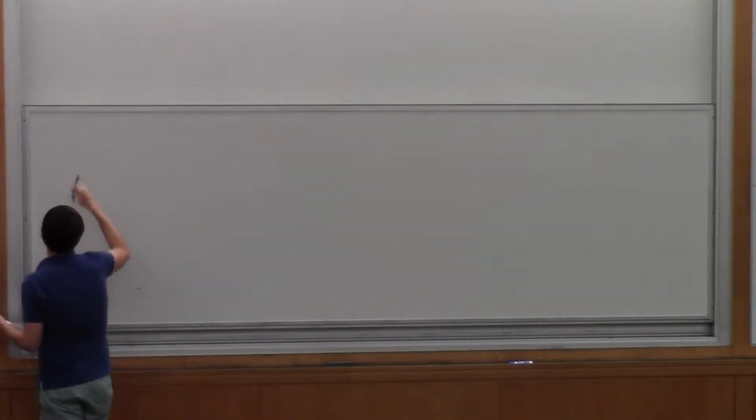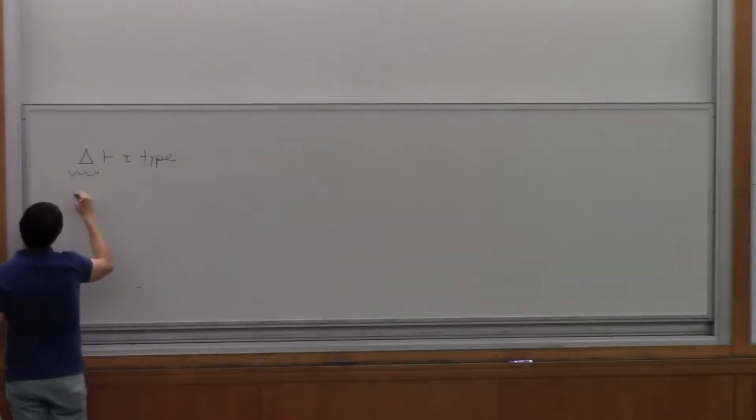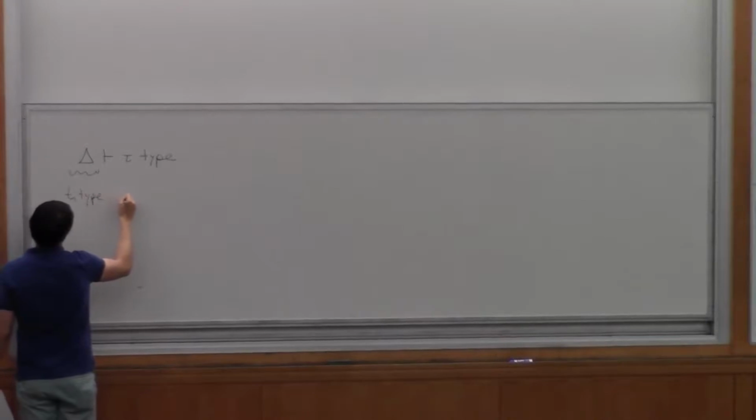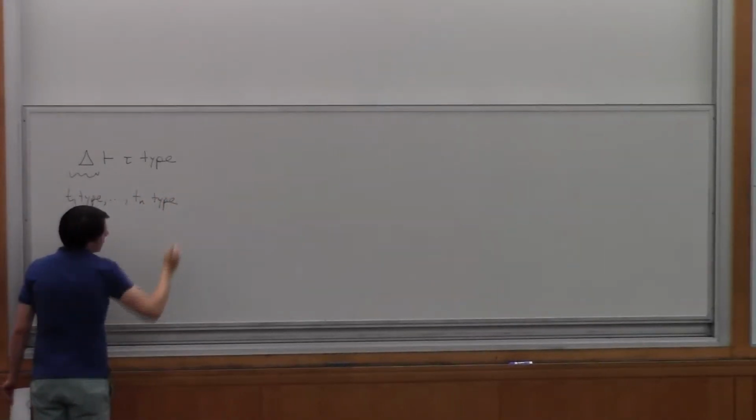So the idea is that we'll have a judgment. Delta proves tau is a type, where delta consists of assumptions. T1 is a type through T sub n is a type.